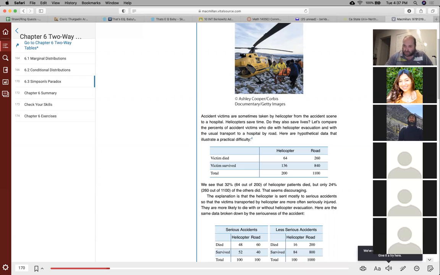Have you ever heard the story of the tortoise and the hare? The hare is much faster than the tortoise. Out of the gate, the hare starts running really fast, and takes a break and falls asleep. So the tortoise overtakes him. That's not exactly what we're going with. We're going to do it a little differently.